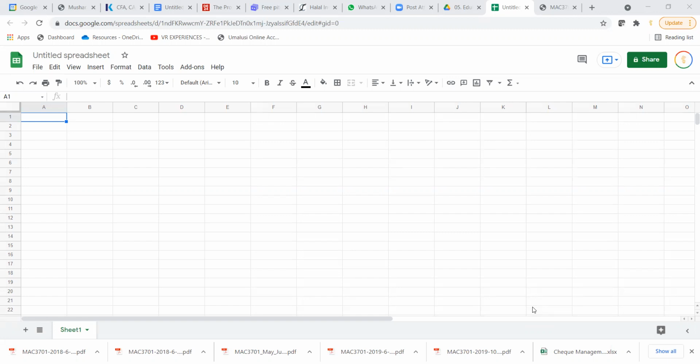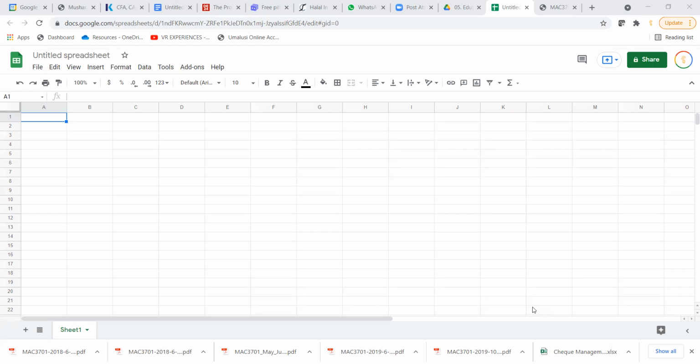What I'm going to focus on over here is the costing systems, because it's critical to really understand them, as they filter through almost every aspect of MAC3701.